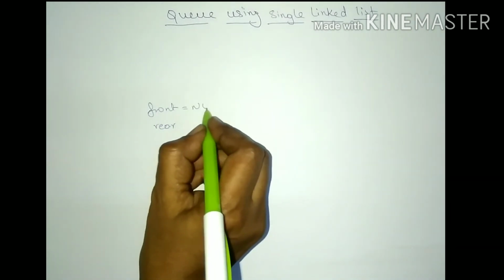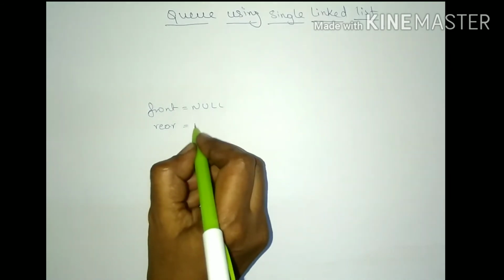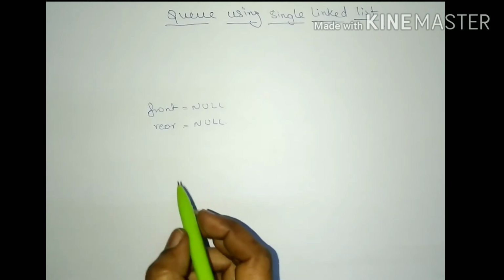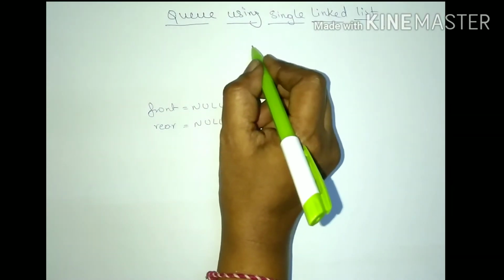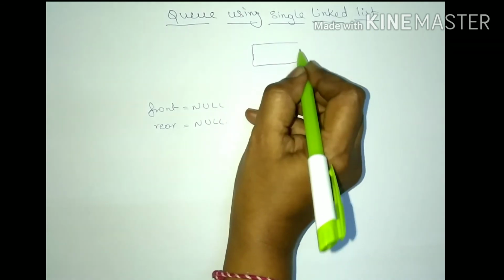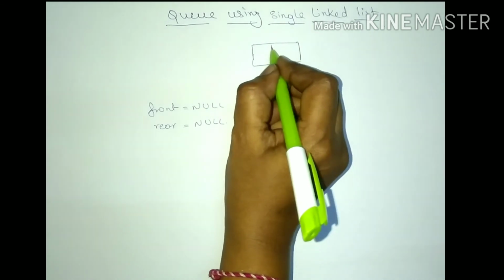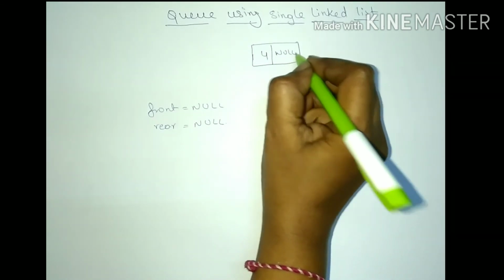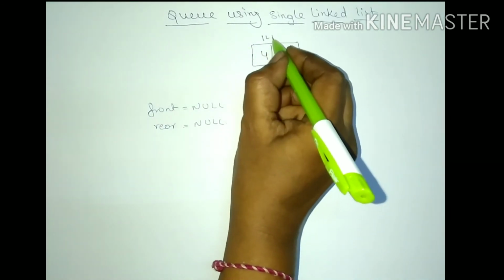So these are made null because now the list is empty. First the front and rear are made null. Whenever we insert a node, first suppose we want to enqueue a node, that is insert a node, we place null over here, 121.